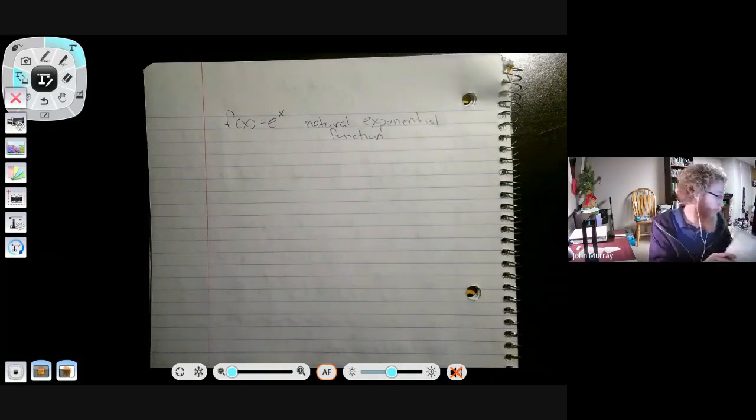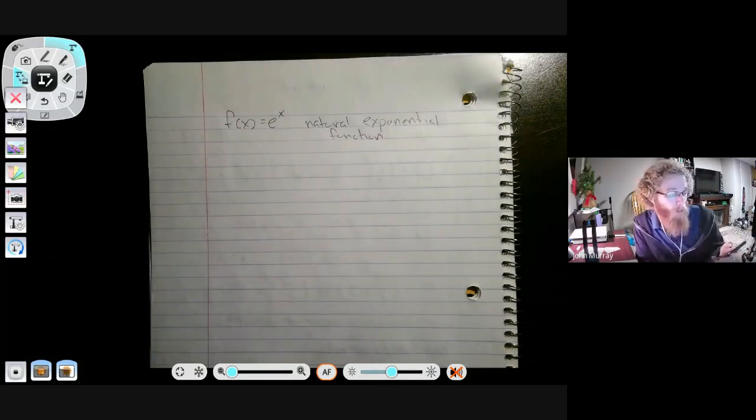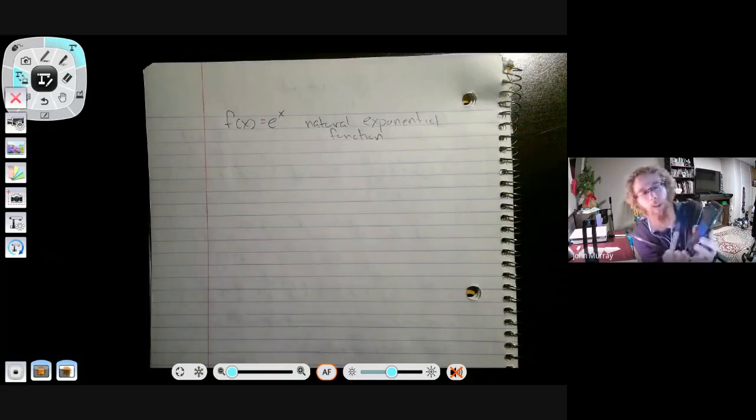On the calculator, there is an e button. If you use your phone to do your calculations, I have an Android, so I don't know. Okay, it's actually right here on the Android.